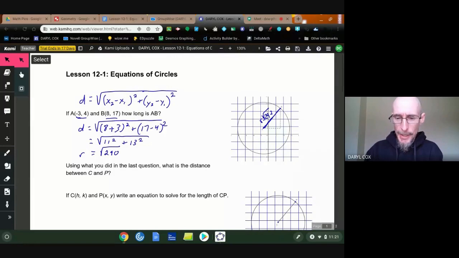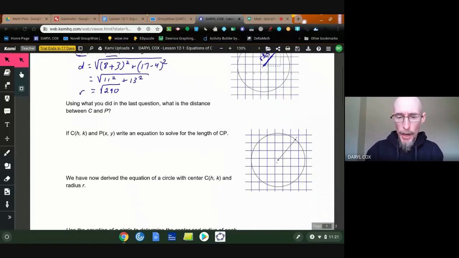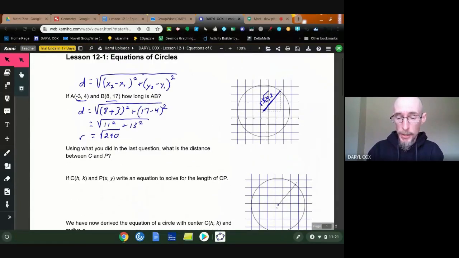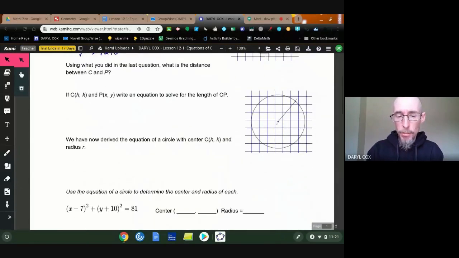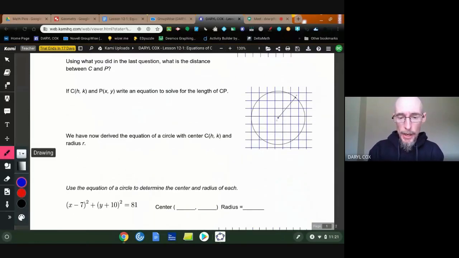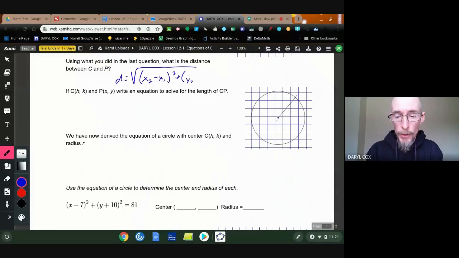So let's take that same idea, that same formula, and apply that. Instead of having points A and B, let's apply it to points C and P here. So we're doing the same formula. We're still using our distance formula. I'm going to rewrite that. Again, the more you rewrite your formulas, the more likely you are to remember them. So I'm going to rewrite my formula, and now I'm going to substitute h, k and x, y.